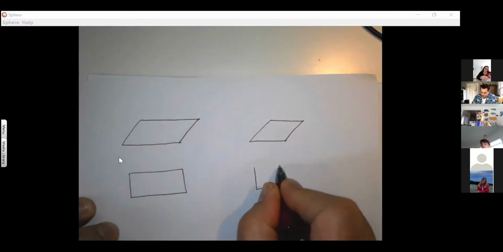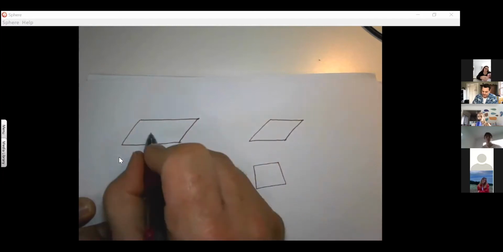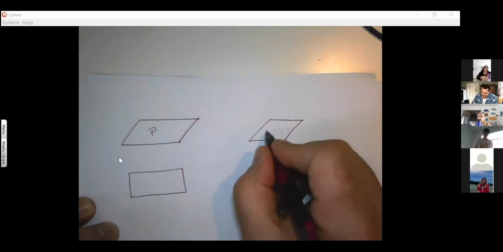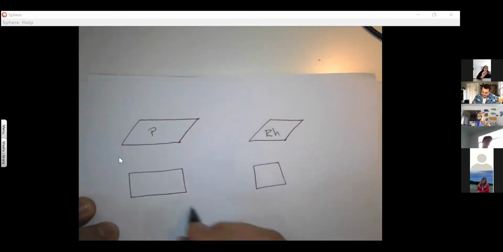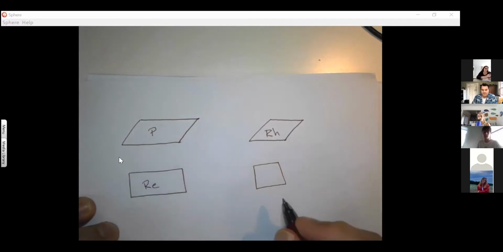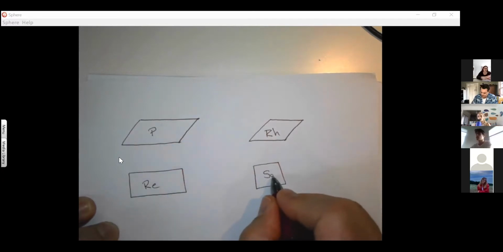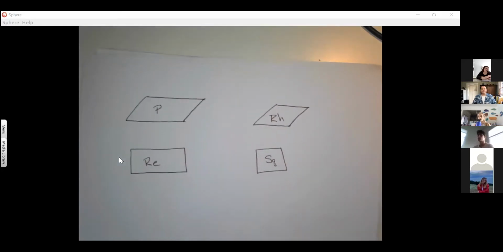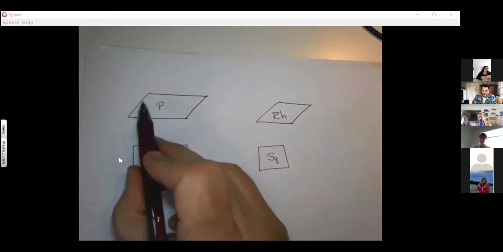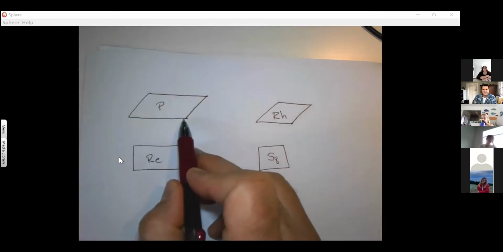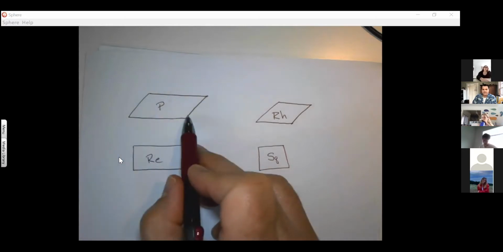But you don't know which one. It could be a parallelogram. It could be a rhombus. It could be a rectangle. Or it could be a square. Last time with parallelograms, we would find the slope of opposite sides and make sure that they're the same.